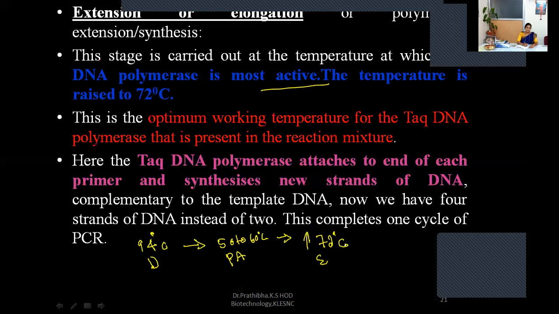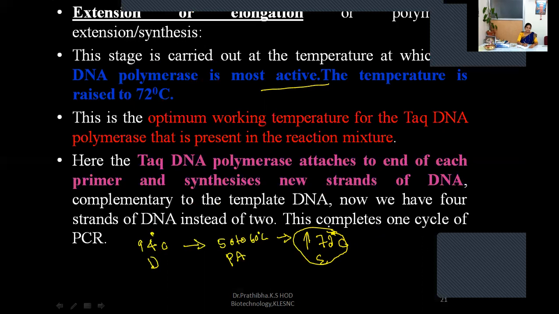In this particular stage, the reaction is carried out at the temperature at which DNA polymerase is most active. It means when we increase the temperature in the PCR machine to 72 degrees Celsius, that time DNA polymerase works best. This is the optimum working temperature for the Taq DNA polymerase present in the reaction mixture.